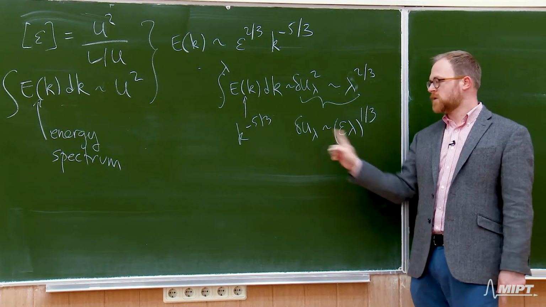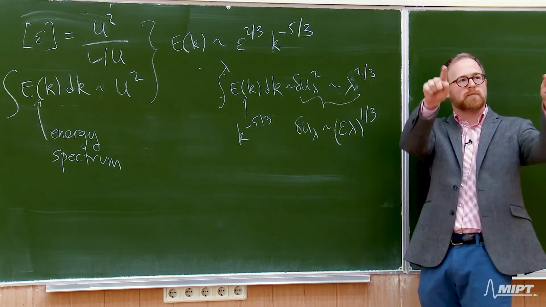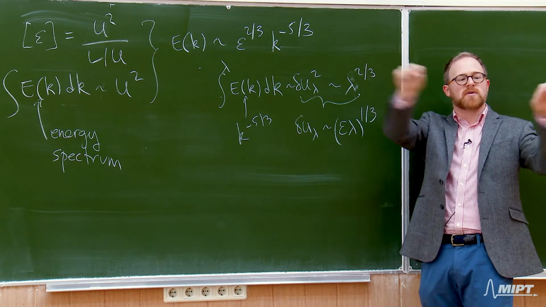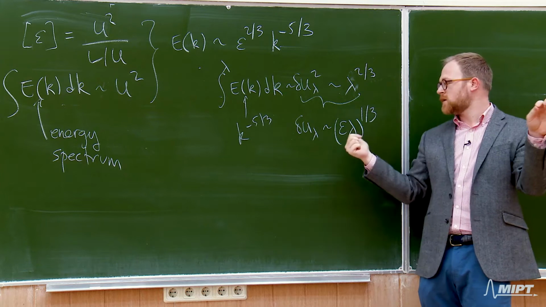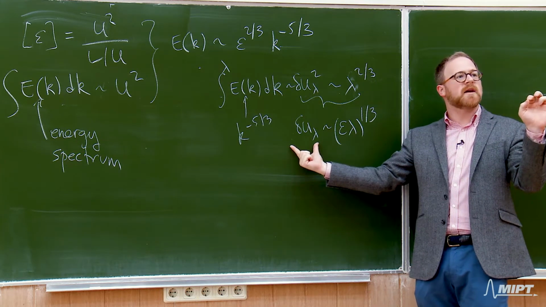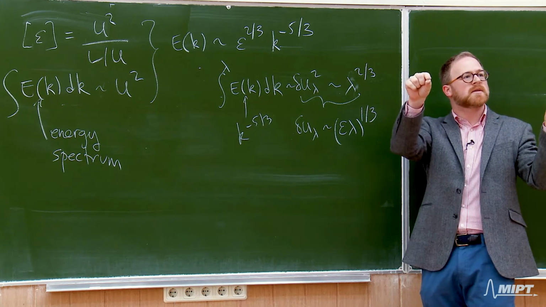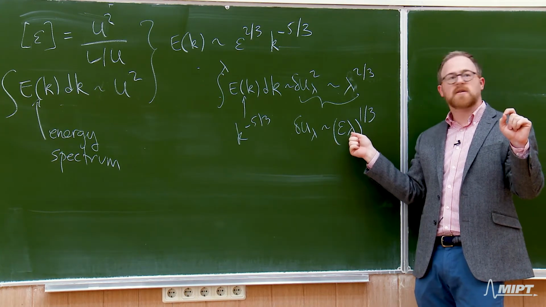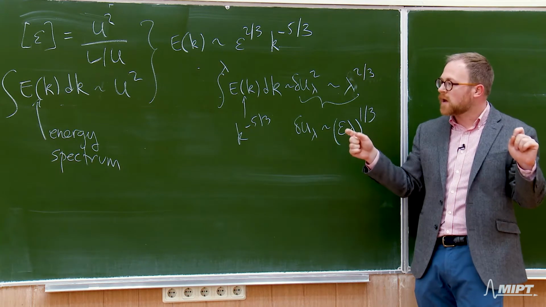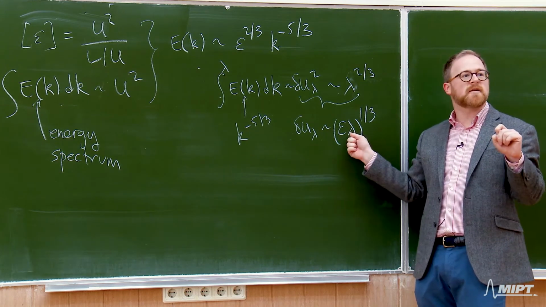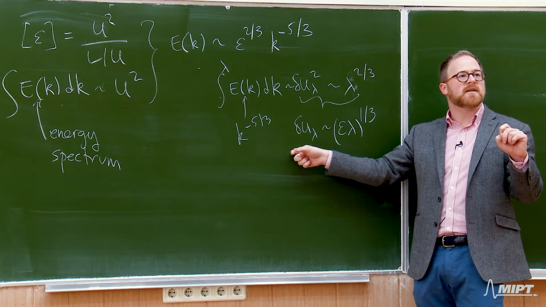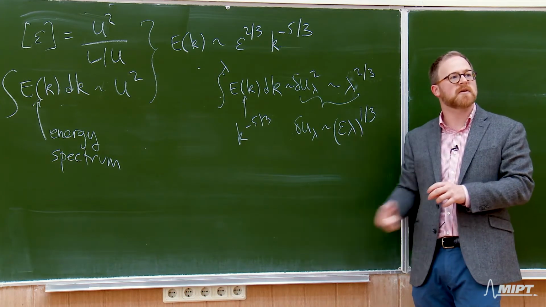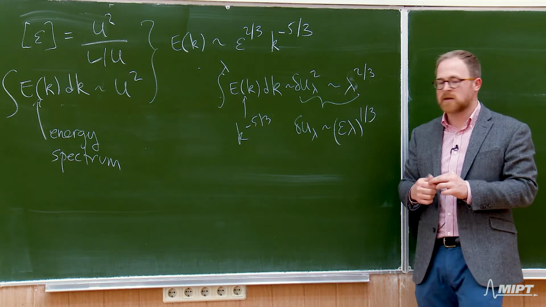What this is saying is that if I take two parts of my fluid, here's a point, and suppose those two points are separated by lambda, this is how much the velocity is different between those two points. So if I go to smaller and smaller scales, this gets smaller and smaller, and you can see that the velocity fluctuations get smaller and smaller as you go down the cascade.